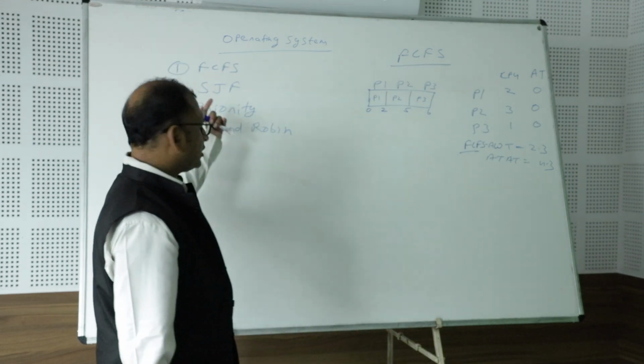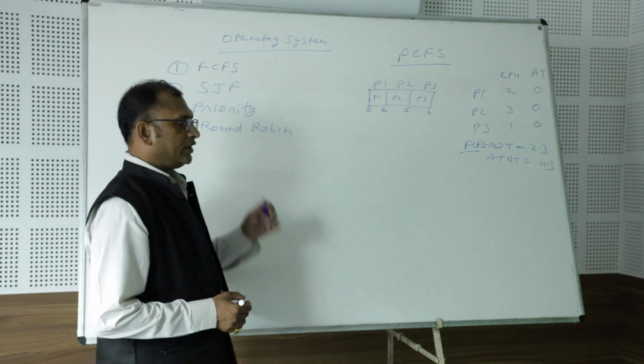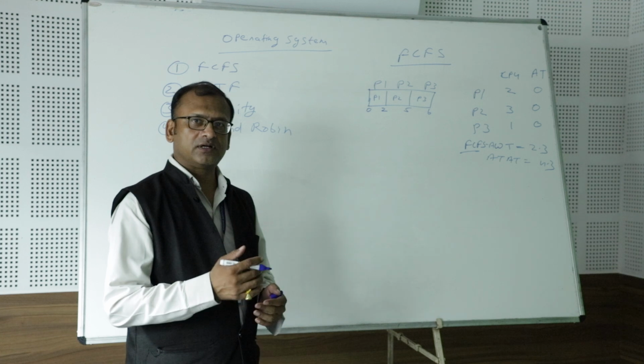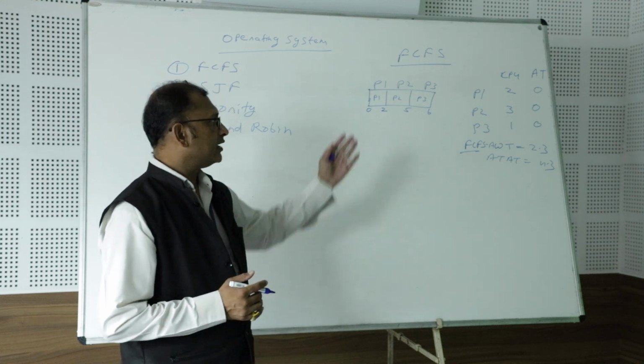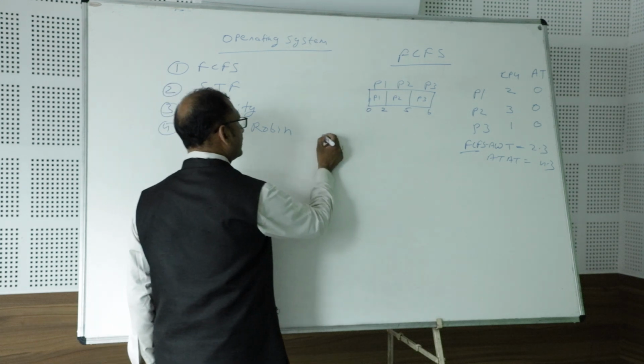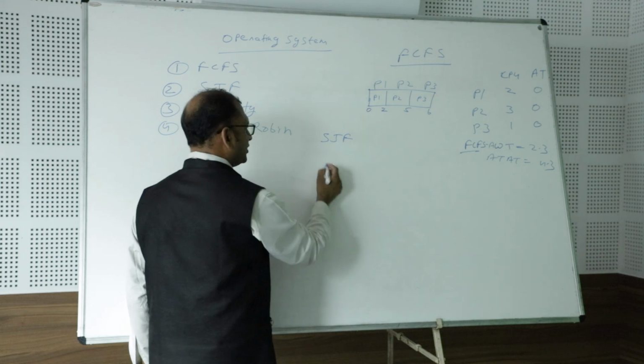So second scheduling algorithm is SJF, that is shortest job first scheduling algorithm. So it says that schedule that process which requires the smallest time of CPU, that is which has got the smallest CPU burst. So for SJF, we will be scheduling first of all the process P3.